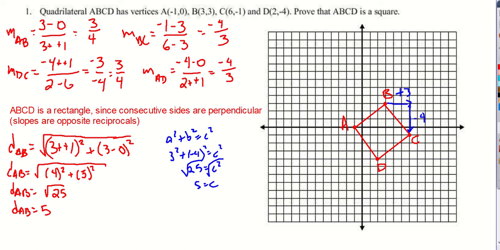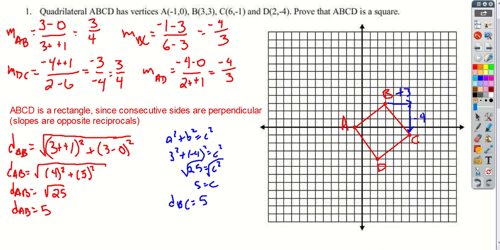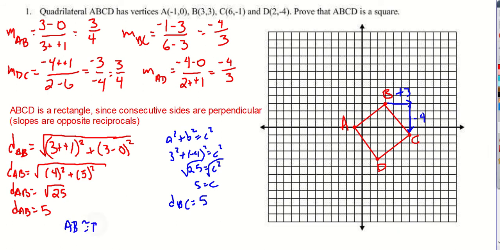So we say the distance of BC is equal to 5. Now we're good to go. We can do a little statement underneath: AB is congruent to BC, since distances are equal.